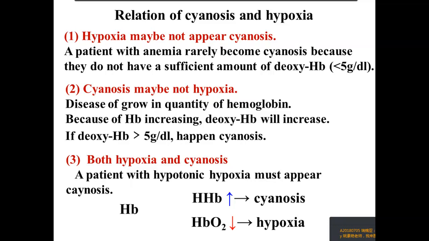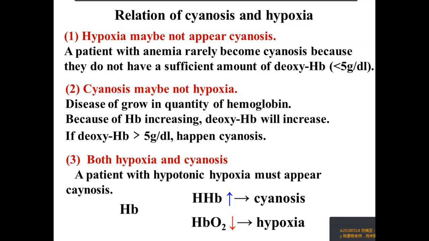Now, the relation of cyanosis and hypoxia. Some people may have cyanosis but no hypoxia, may have hypoxia but no cyanosis, or may have both cyanosis and hypoxia. For example, the first, hypoxia with no cyanosis: for example, anemia.